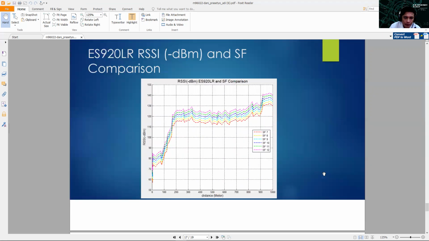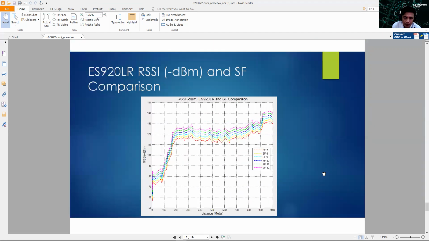And I tried to make an approximation with different splitting factors from the experiment. If the splitting factor increases, the RSSI becomes weaker.